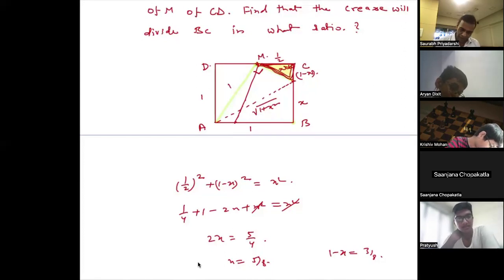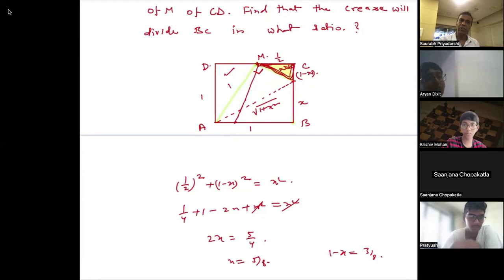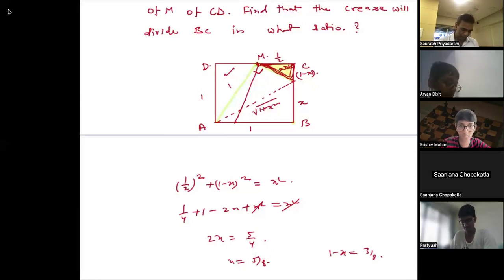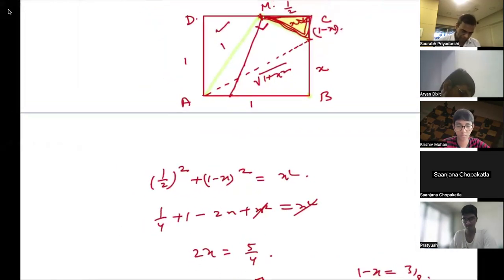That's the reason I'm not taking this one, that may affect the positioning. So that's the reason I'm taking the second one. We are not very sure exactly from where to get this. Okay. So third one.